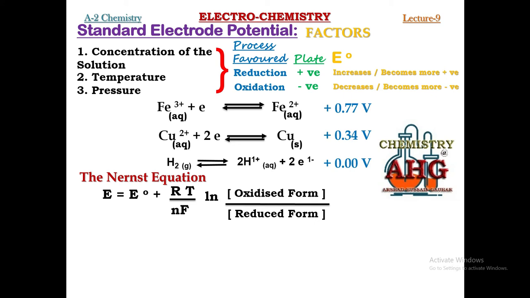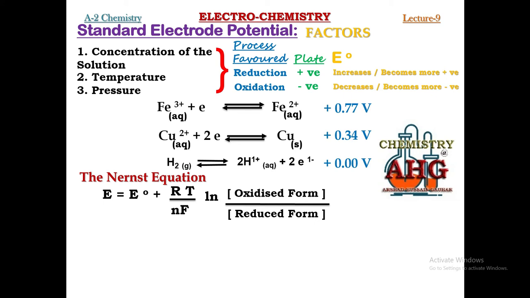One more thing, always remember, while using the Nernst equation, we always consider the concentrations of those ions which are present in solutions. We do not consider the concentration of solids, liquids, and gases. The concentration of a solid, a liquid, or a gas is always taken equal to 1 mole per dm cube.